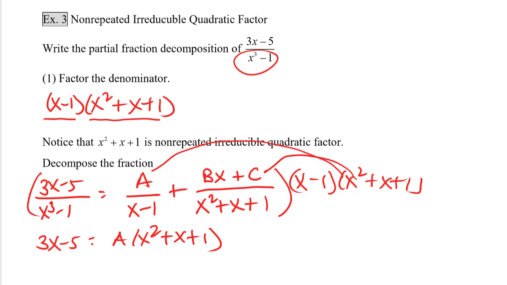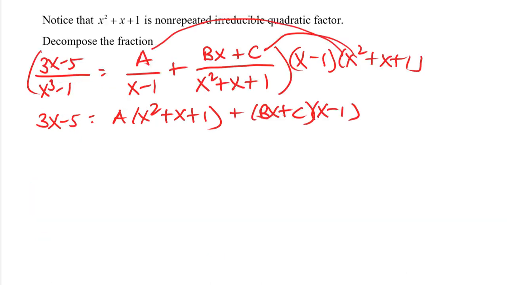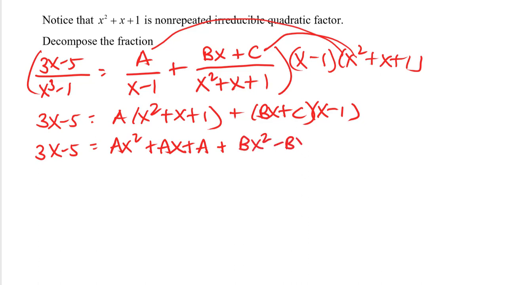Here, the x squared plus x plus 1's cancel, and I've got bx plus c times x minus 1. Now we'll simplify. So we have 3x minus 5 equals ax squared plus ax plus a plus, if I FOIL, I get bx squared minus bx plus cx minus c.